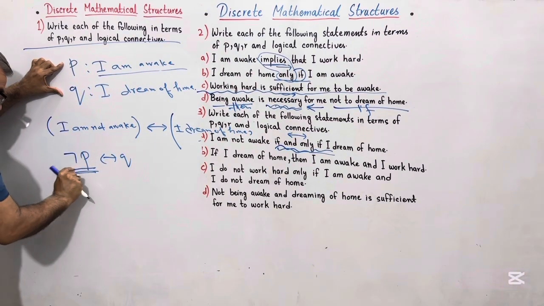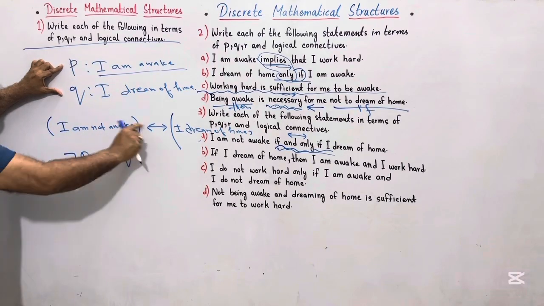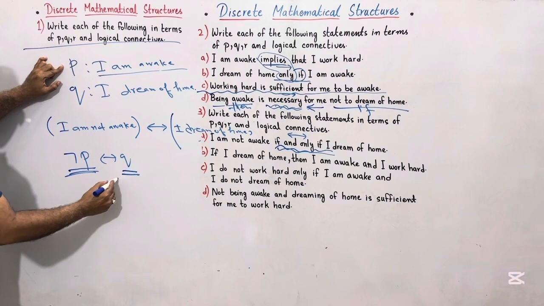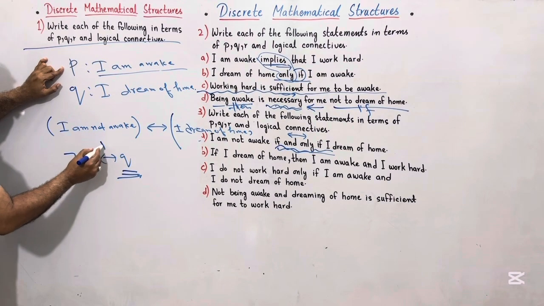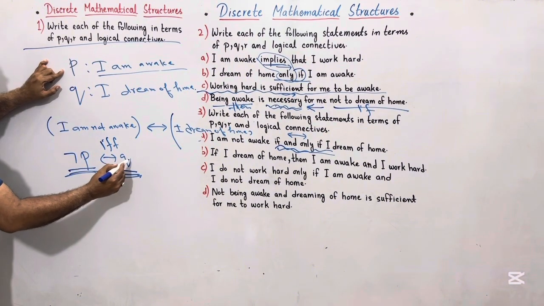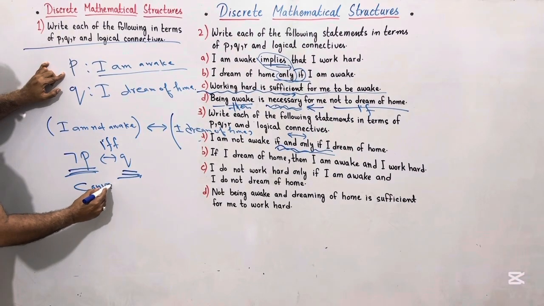I have introduced the negation symbol in front of P, because my P is "I am awake" and this is "I am not awake". The biconditional is given to us as: negation P, if and only if Q, the double implication. Negation P if and only if negation Q is a statement where the converse is also true.